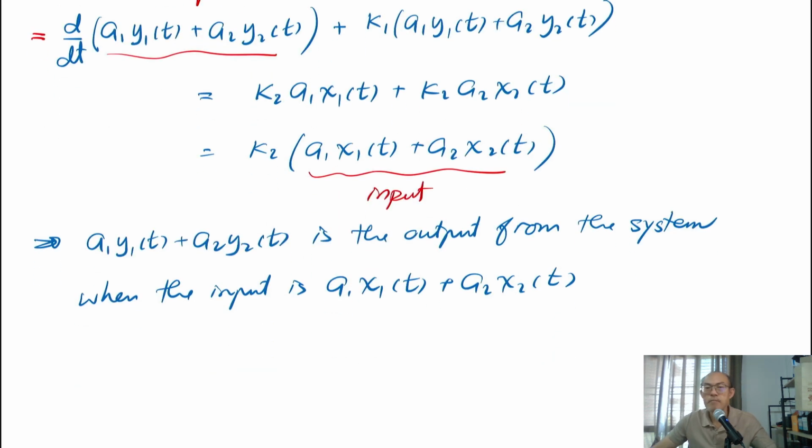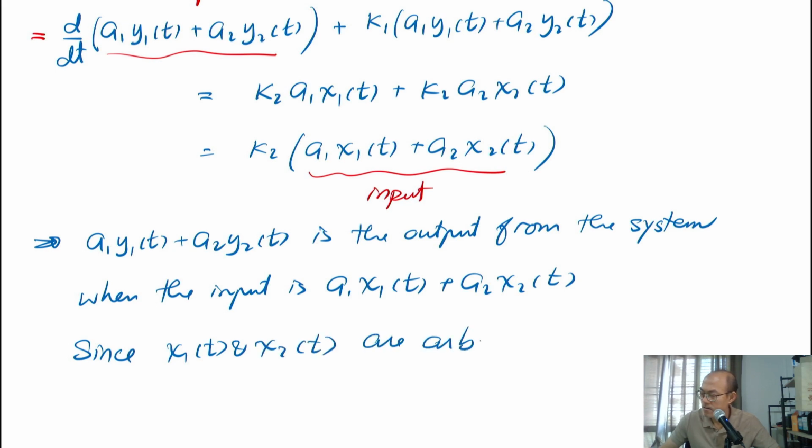But since x1 and x2 are arbitrary, this system is linear.